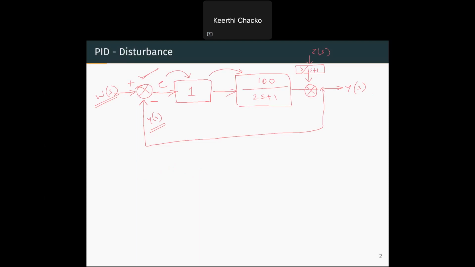Now suppose this is our system. So we have a process, we have a proportional controller, we have a disturbance, and now we need to find how this proportional controller will help us maintain this output.